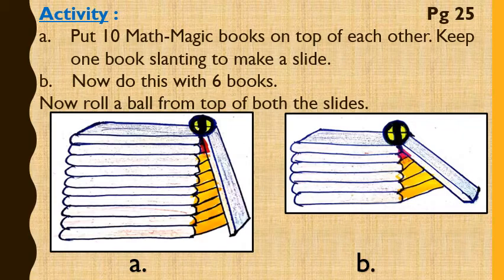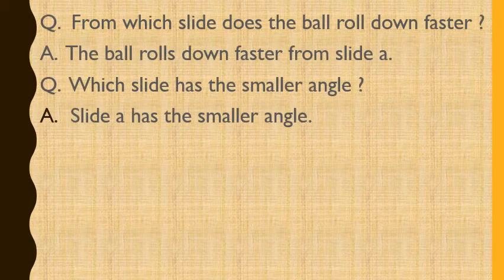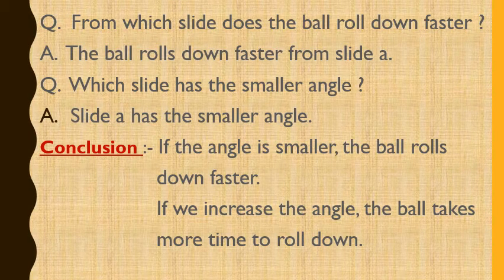Answer is slide A has the smaller angle. So, our conclusion is that if the angle is smaller, the ball rolls down faster. Whereas, if we increase the angle, the ball takes more time to roll down.